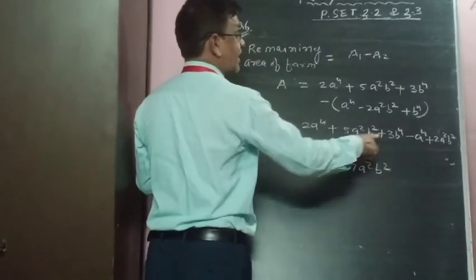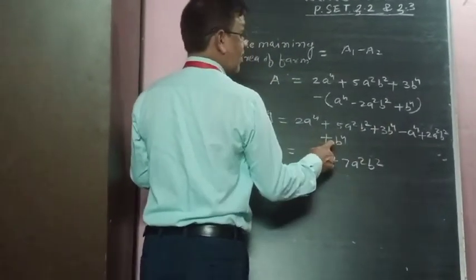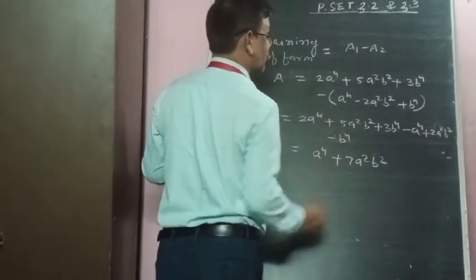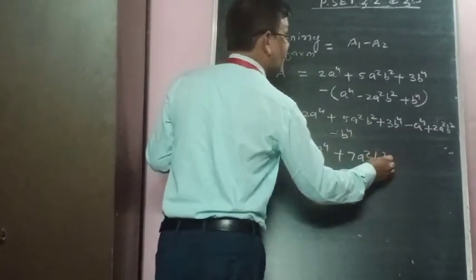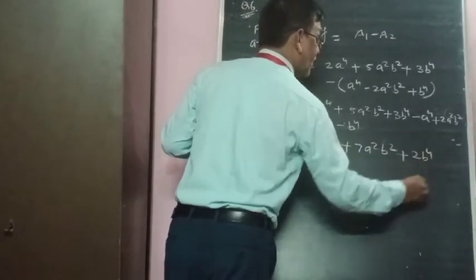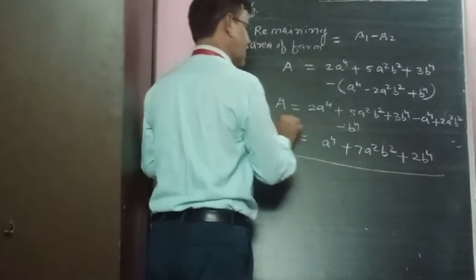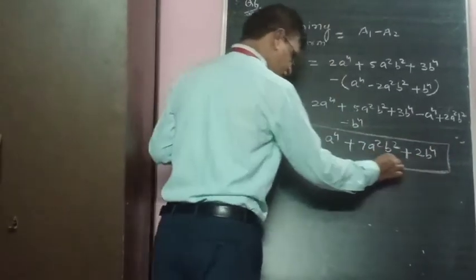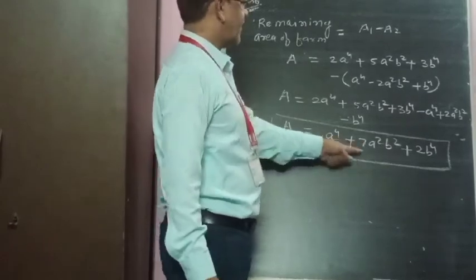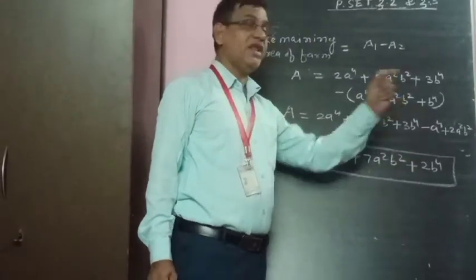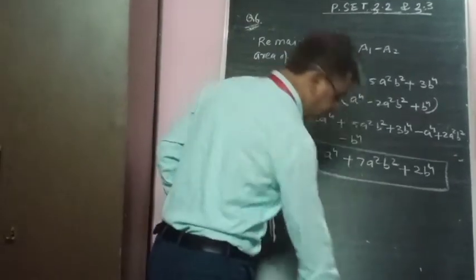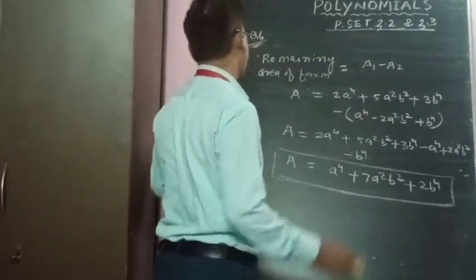And again 3b raised to 4 minus b raised to 4 means 2b raised to 4. This is your final answer. The area of the remaining part of the rectangular farm is a raised to 4 plus 7a square b square plus 2b raised to 4. You get it now? In this way you can find the area of the remaining part of a rectangular farm.